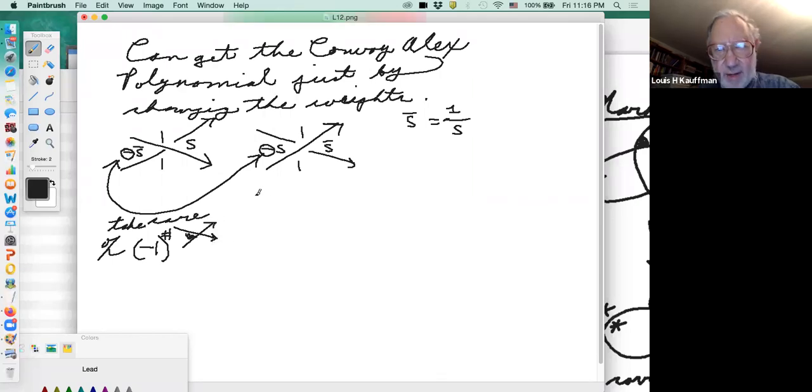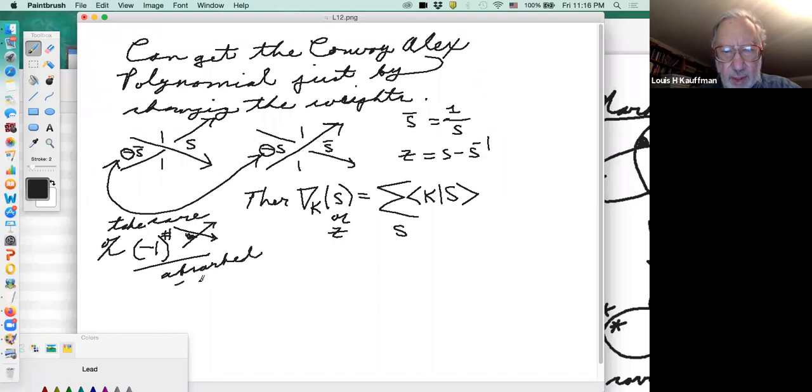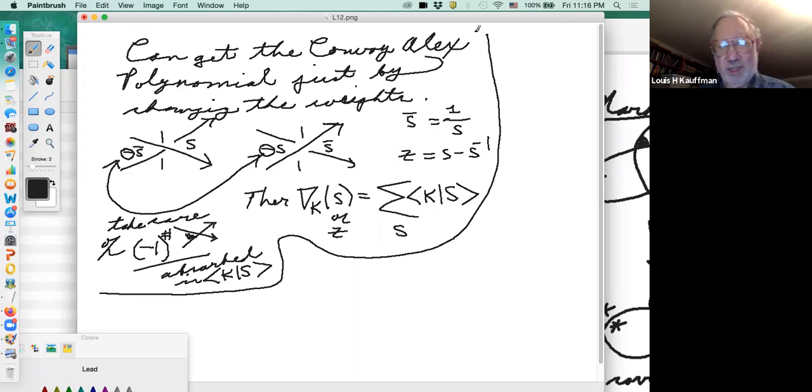Okay, so then the Conway polynomial in S, or Z, is equal to the sum over all the states of the product of marker touched algebra bits, and we've absorbed this in K_S now. Okay, so that's a nice normalization of the whole thing.